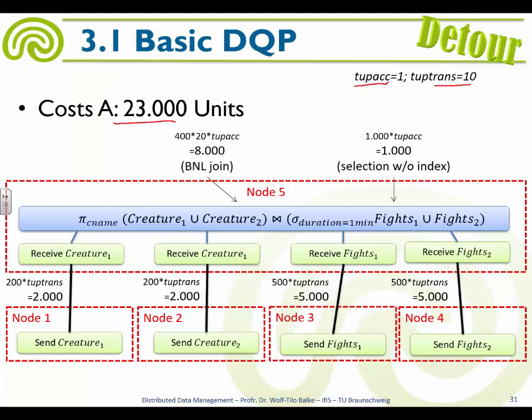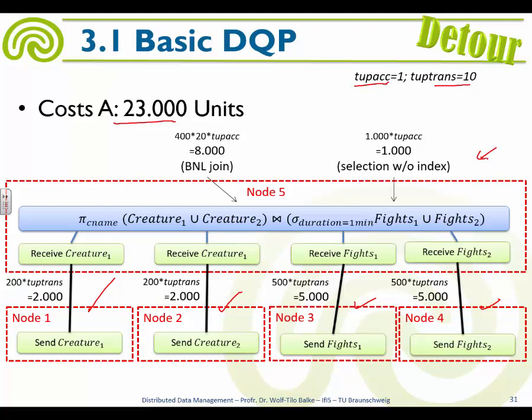That means that we have 2,000 units here, because we are sending the 200 tuples to node 5. 200 times the cost of transferring every tuple, 2,000. The same goes here as well. And in those two cases, it's exactly the same. 500 tuples times the cost of transferring a tuple will give you 5,000.